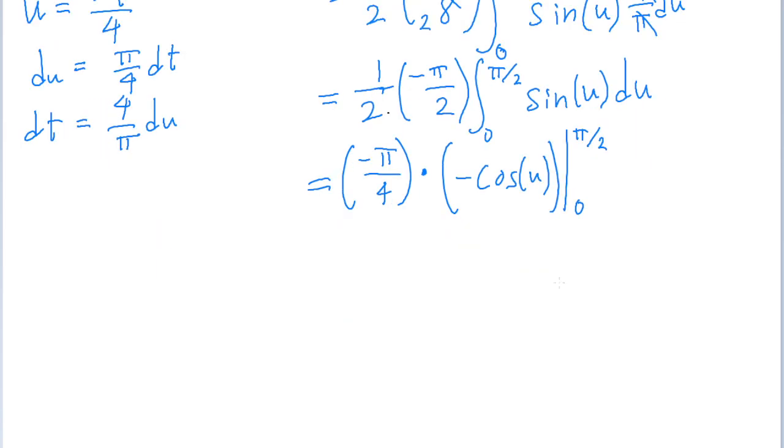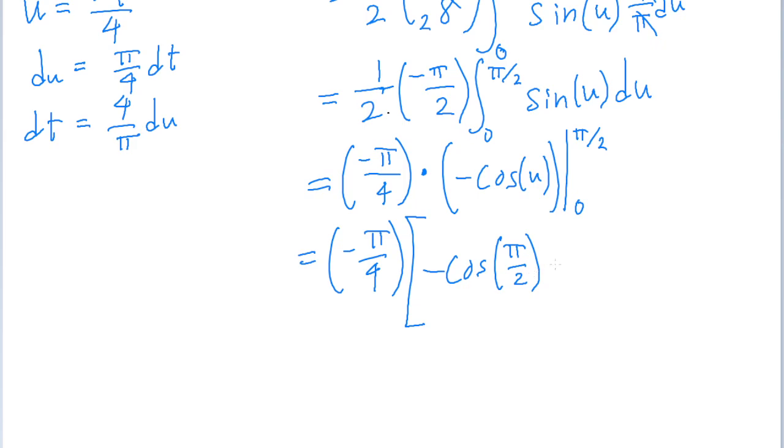So now we just apply the fundamental theorem of calculus on this. So we've got negative pi over 4 multiplied by, we plug in pi over 2 for the upper bound and then minus the lower bound. So that's negative the cosine of pi over 2 minus negative the cosine of 0.